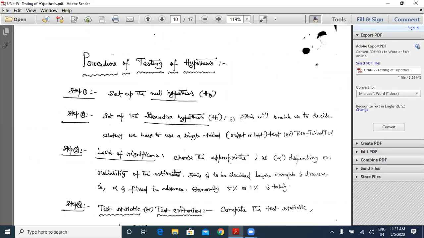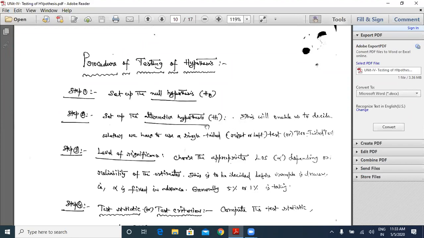Suppose H1 is x bar less than mu, then you take the left tail test. Suppose H1 is x bar not equal to mu, then you say two tail test. So whether you have to take right tail, left tail or two tail is based on this H1.